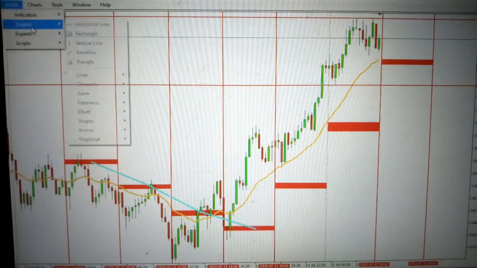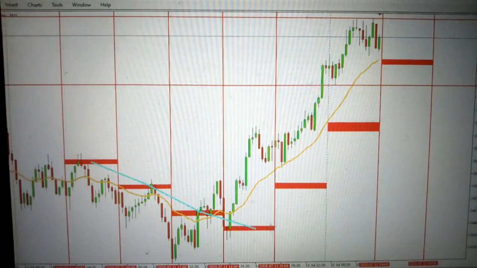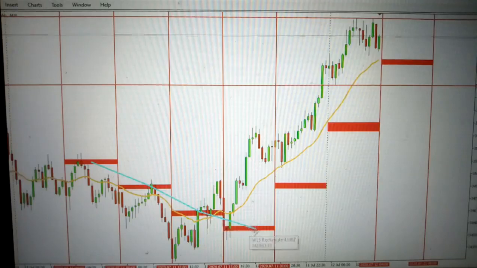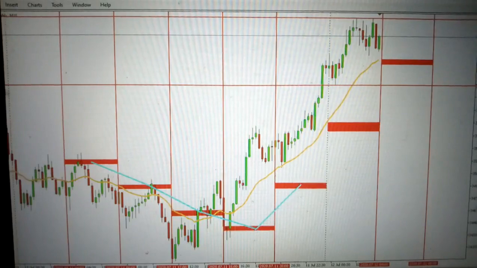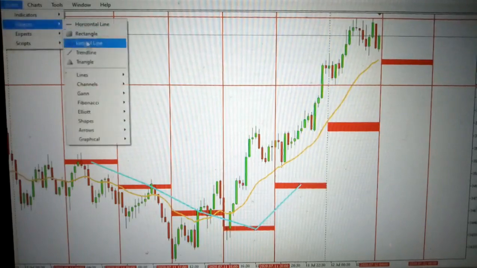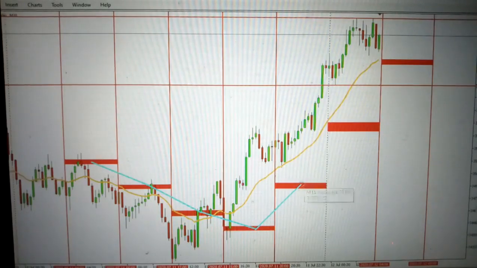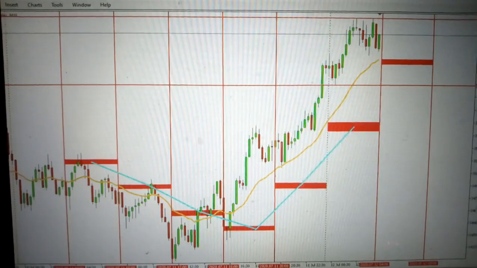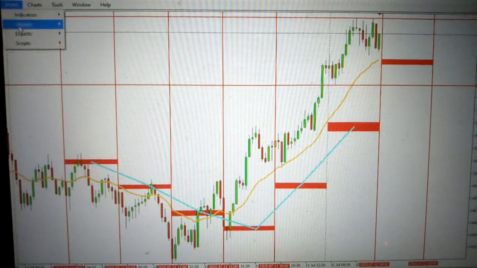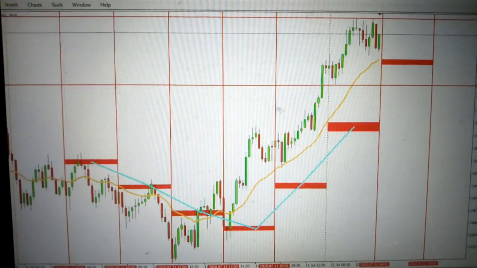The next one is to connect, now we have resistance, resistance, resistance, and we have our support. Support started here. Connect support, support with the trend line.